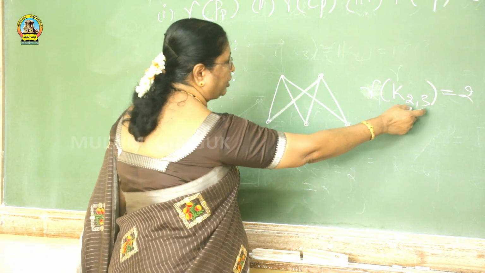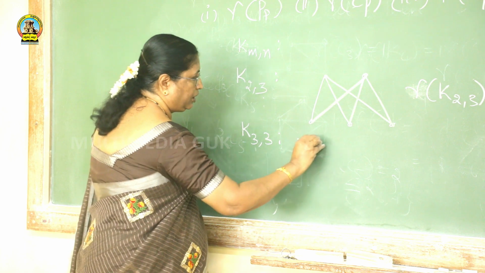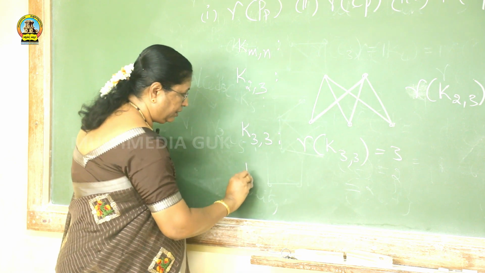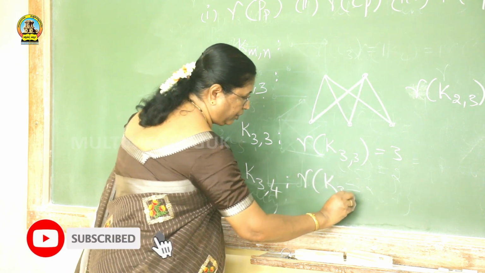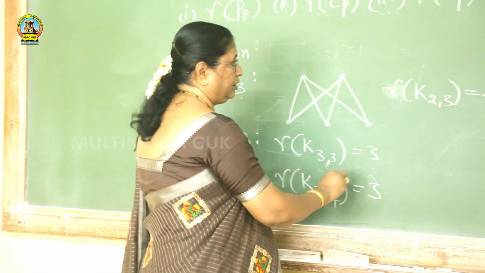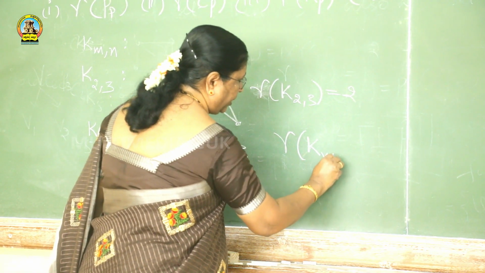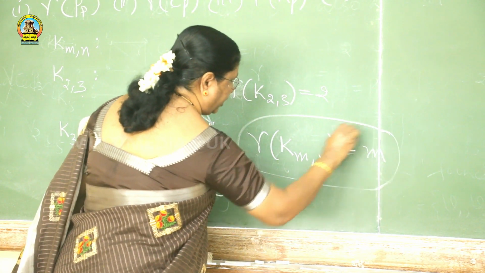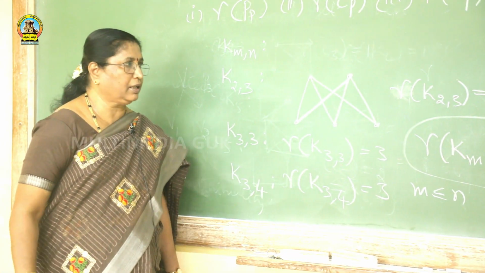The domination number of K23 is 2. Similarly, for K33, the domination number is 3. Then the domination number of K34 is 3. So the generalized form for any bipartite graph: the domination number of Kmn is equal to m only, because m is less than or equal to n always for any bipartite graph.